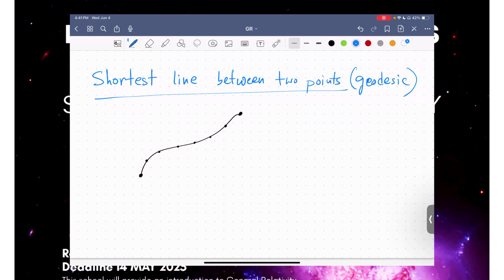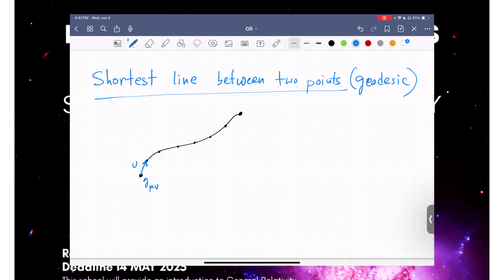So what is the distance from here to here, assuming that these two things are infinitesimally close? If they are infinitesimally close, we were saying that there should be a tangent vector at this point that points to this other point, right? Let's say that this tangent vector is u. And you also have the metric here, g mu nu. So you can measure this distance by measuring the norm of this vector.